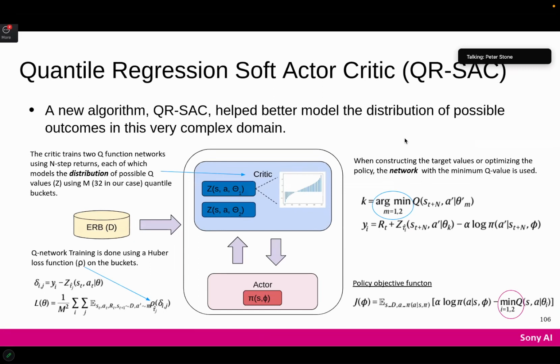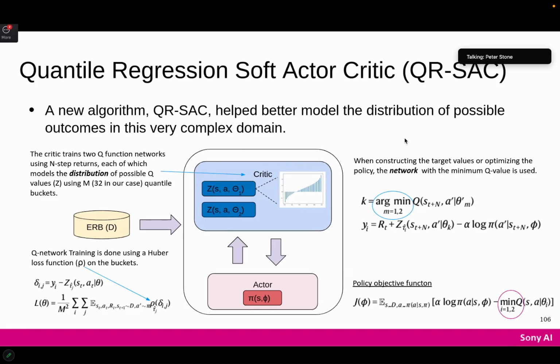This might be a little technical for people who don't already know reinforcement learning, but this is just one slide of the technical details of QRSAC. It learns two different Q functions using n-step returns, the two being there to mitigate maximization bias.